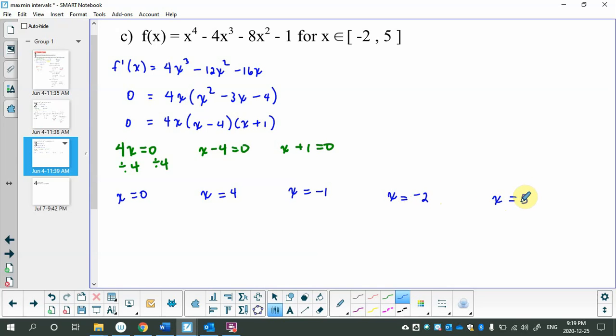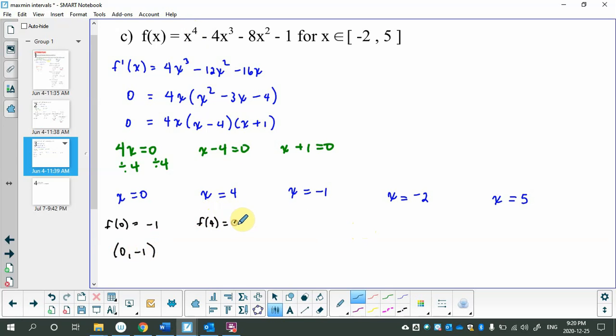And I have that. So it's time to sub in each of these into f of x. I'm going to save myself a teeny bit of time for this one because I know if I put 0 in here, it's 0 minus 0 minus 0 minus 1. All right, so 4. Let's see if I can do some of this in my head.